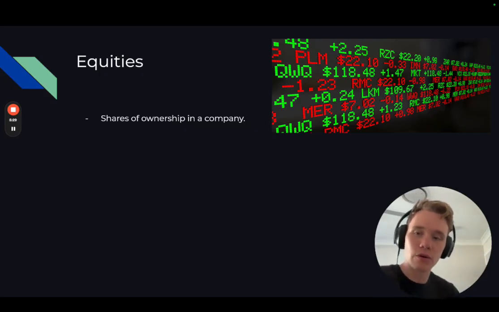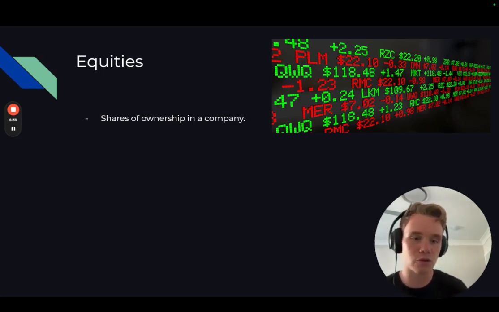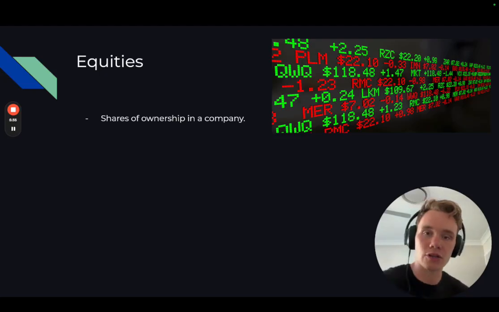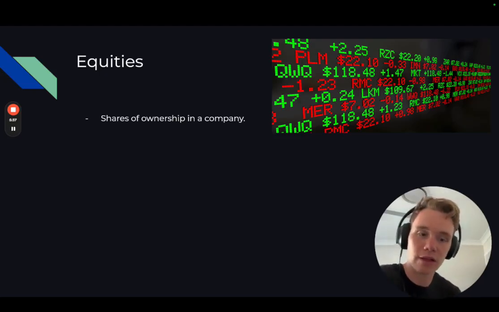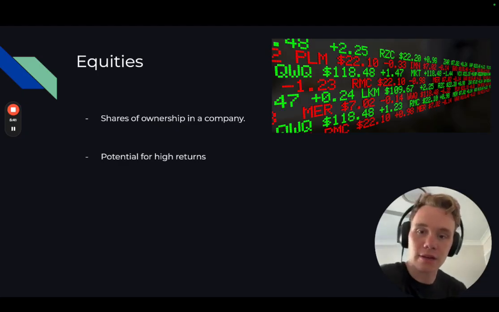Whereas most traders are only trading a little bit of the company at a time, trying to make money on the small fluctuations of the valuation of the stock.